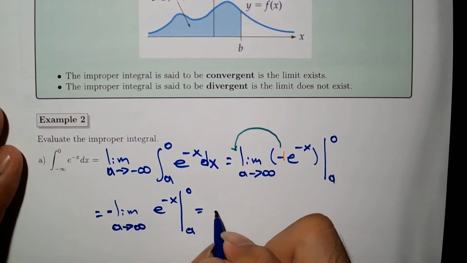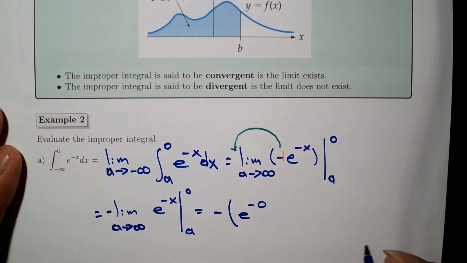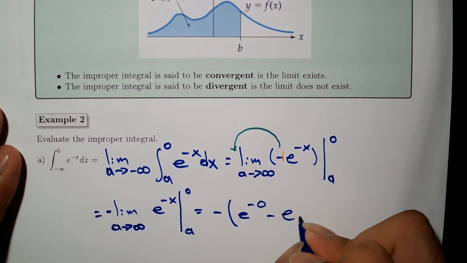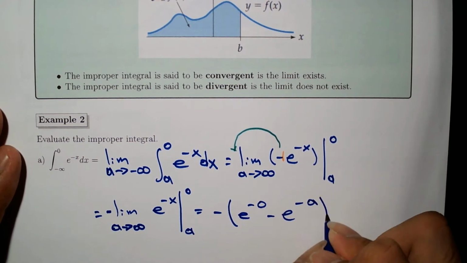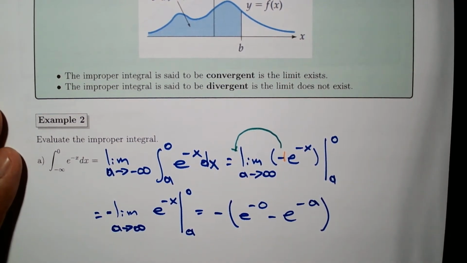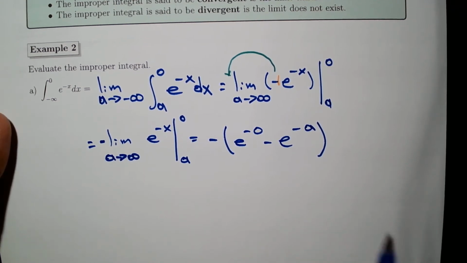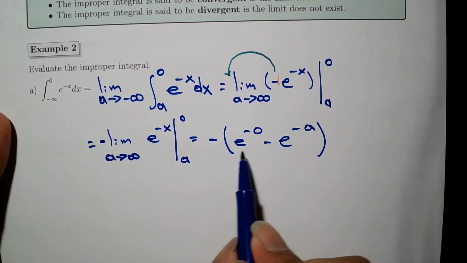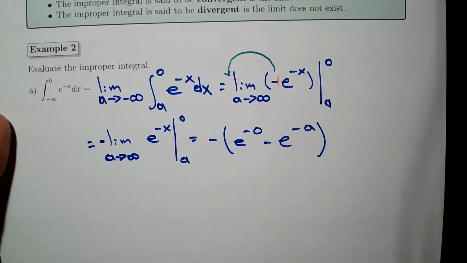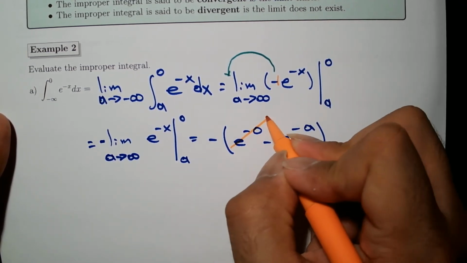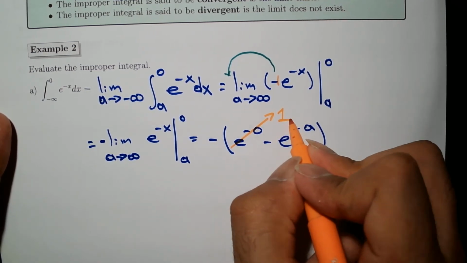So this will be negative e to the negative 0 minus e to the negative a. All right. So what are we going to get in this case? Well, e to the negative 0 is the same as just e to the 0, which is 1. Any quantity to the 0 power is always 1.